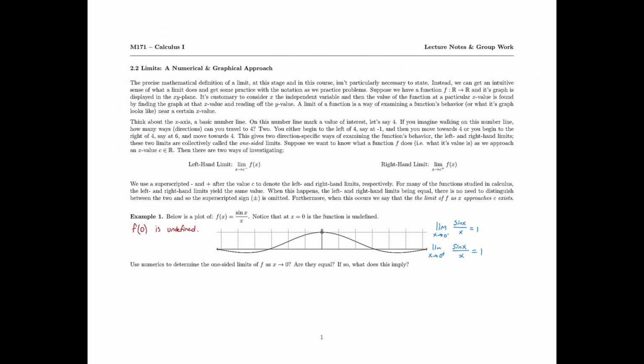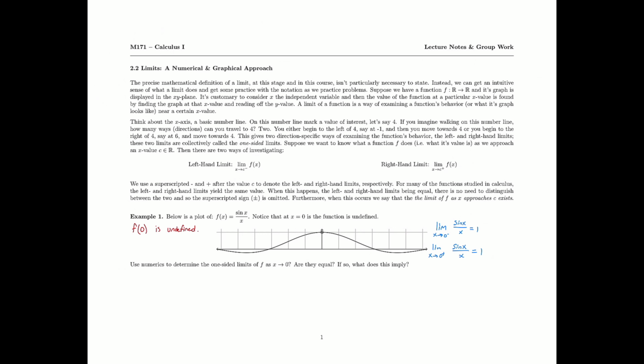So whenever the one-sided limits, the left and the right-hand limit, agree, then there really isn't any point in distinguishing between the two of them. There's no need to talk separately about the left and the right if they are the same.